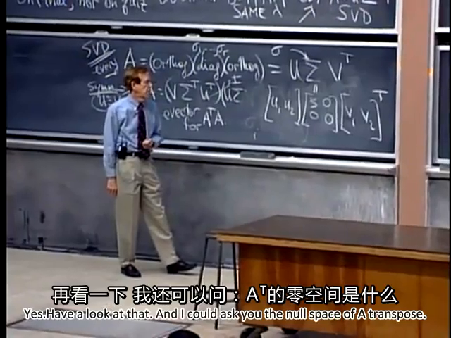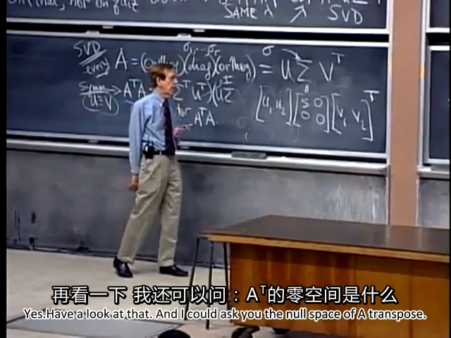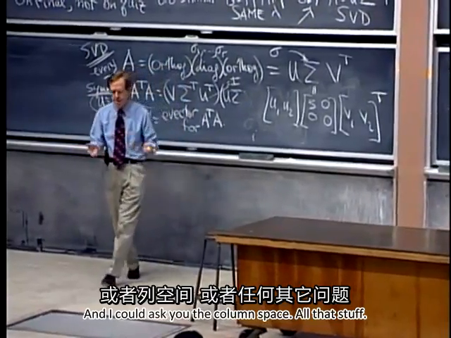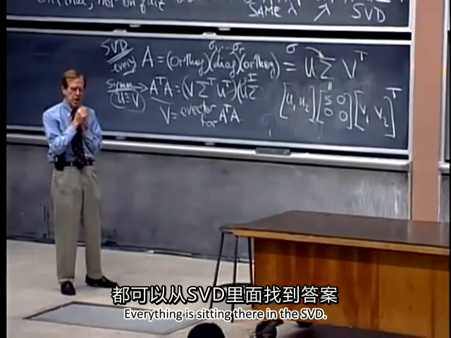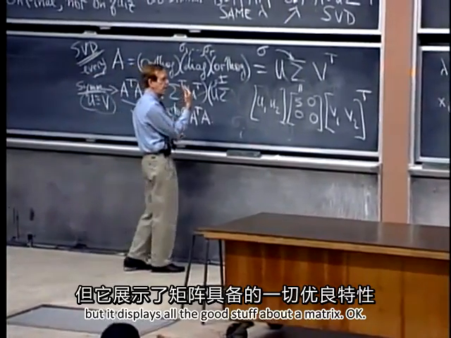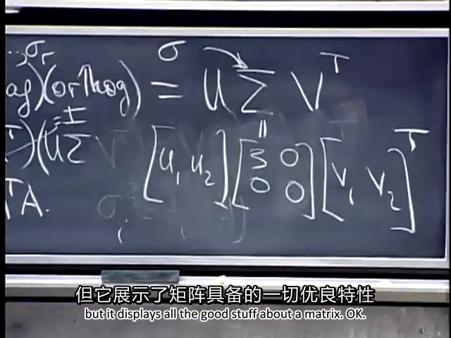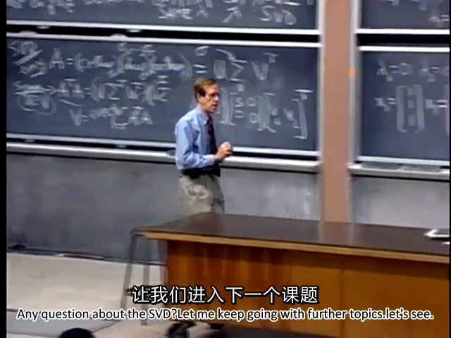Have a look at that. And I could ask you the null space of A transpose. And I could ask you the column space. All that stuff. Everything is sitting there in the SVD. The SVD takes a little more time to compute, but it displays all the good stuff about a matrix. Okay. Any question about the SVD?